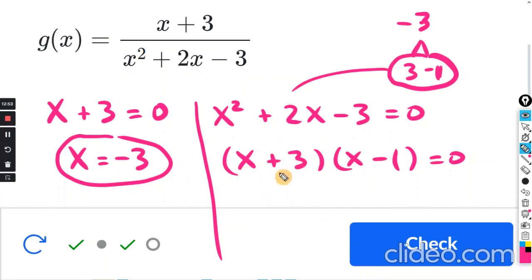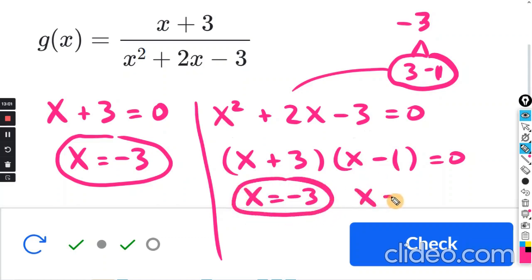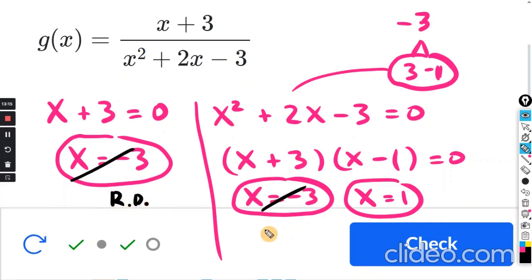Right here, x is negative 3. And right here, x is positive 1, because we just set each one of these equal to 0. Now, if you can cancel negative 3 and negative 3, that means that one was your removable discontinuity.